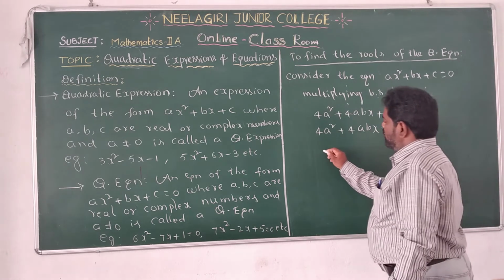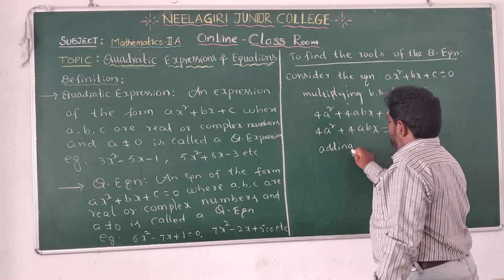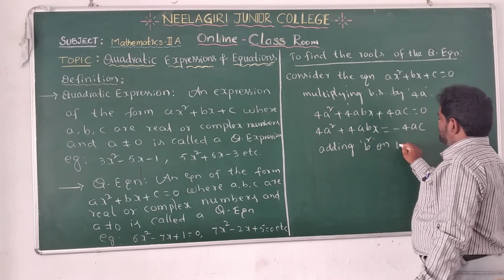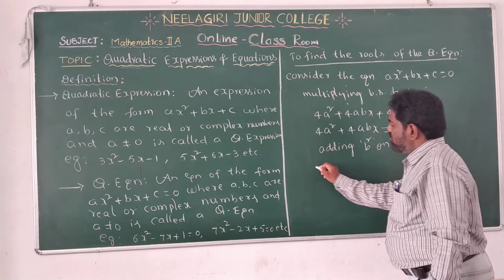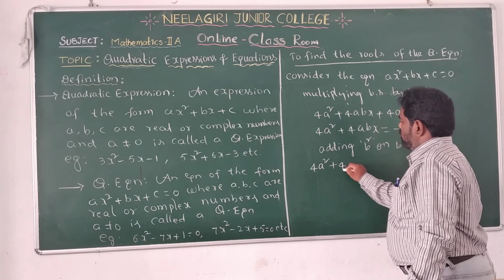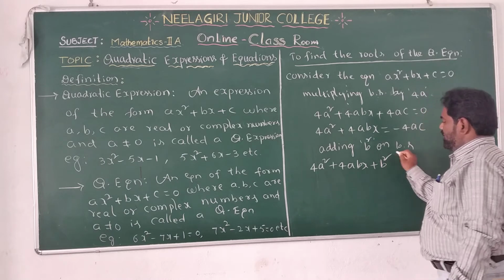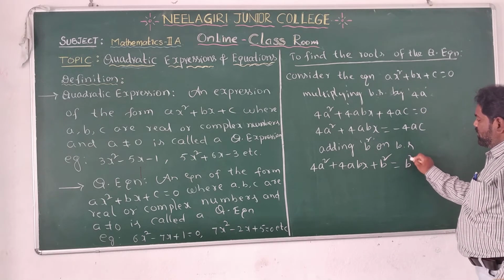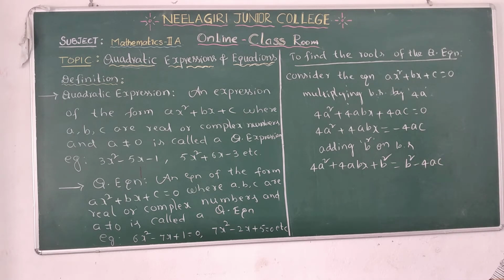Adding b square on both sides, we get 4a square x square plus 4abx plus b square equal to b square minus 4ac on the right side.